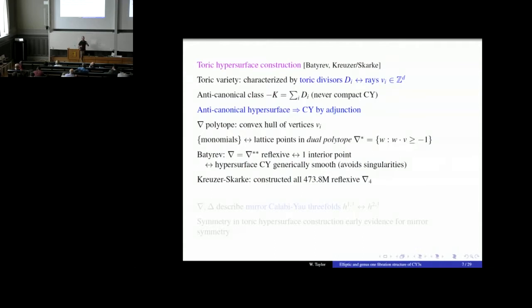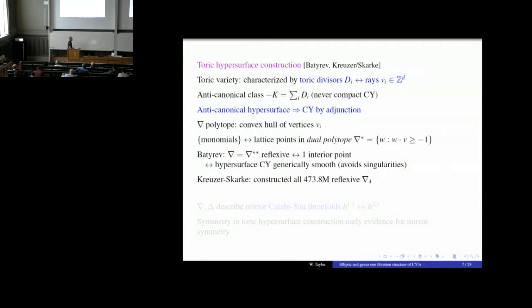If we take a set of vertices v_i and form a convex hull of that set of points, that gives us a polytope. The dual polytope, given by the set of points in the dual space whose inner product is greater than or equal to -1, if that dual polytope is also a lattice polytope, then the polytope is reflexive. That's also equivalent to the condition that the polytope has only one interior point.